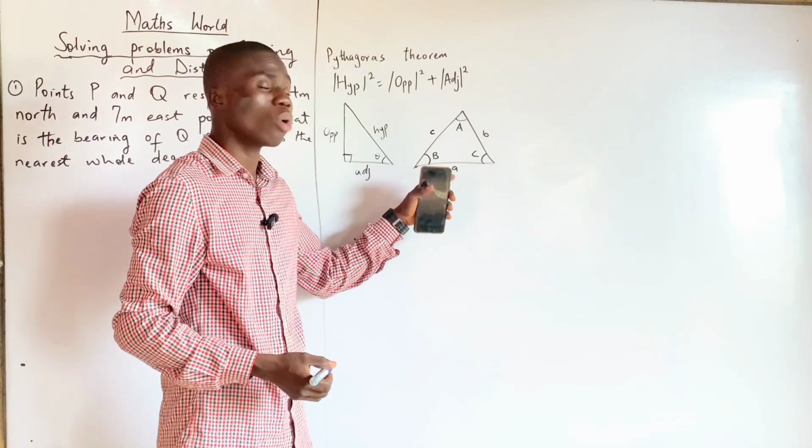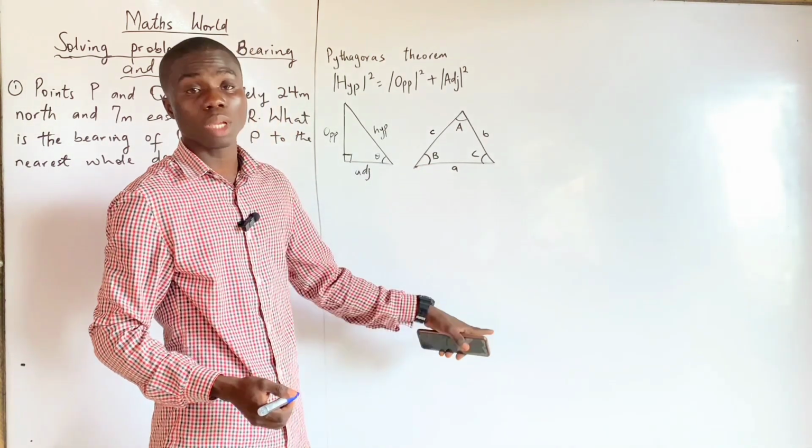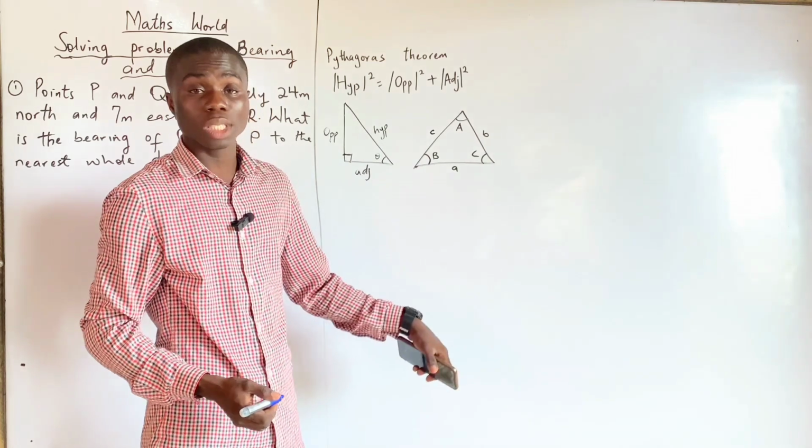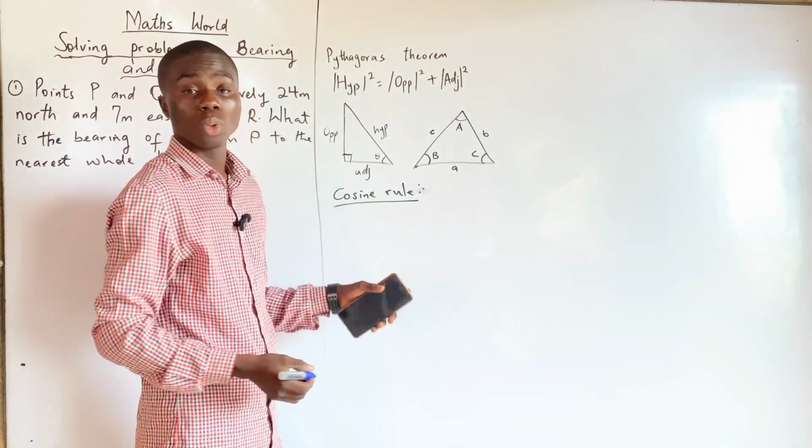Although there are a lot of methods whereby we prove how the formula was derived, if you want that, you can comment in the section below. So the first rule that you need is the cosine rule. What does it say?